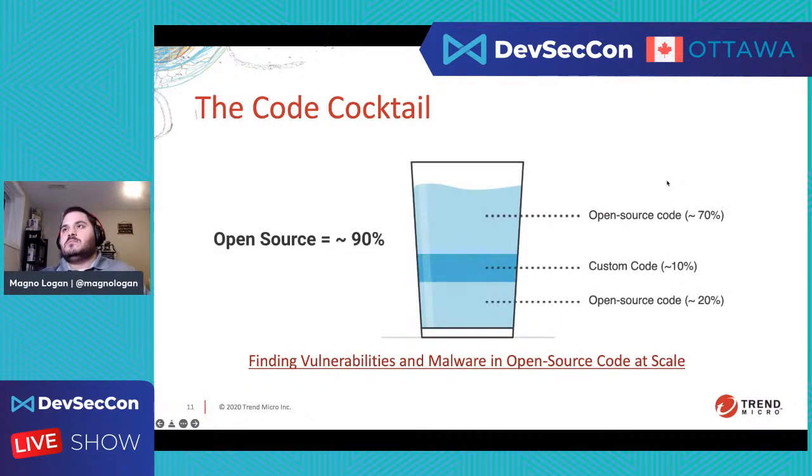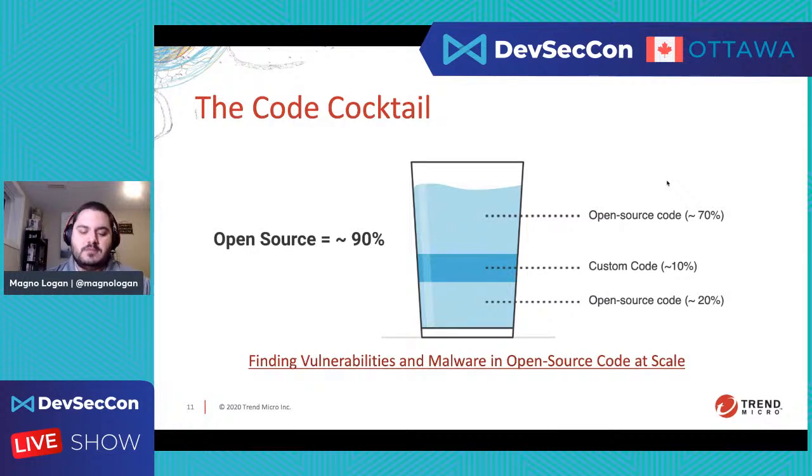Okay, so let's understand how big the problem is, or how deep our issue is here. This is a slide that comes from Mark Curphey, one of the founders of OWASP, who also had a company called SourceClear, which developed software composition analysis and later got sold to Veracode.